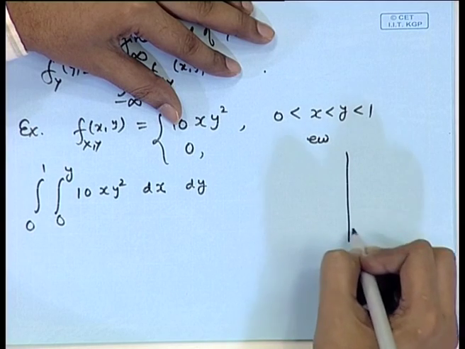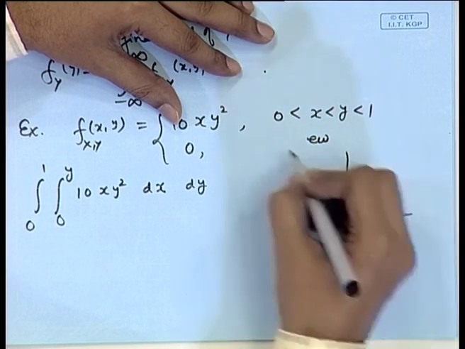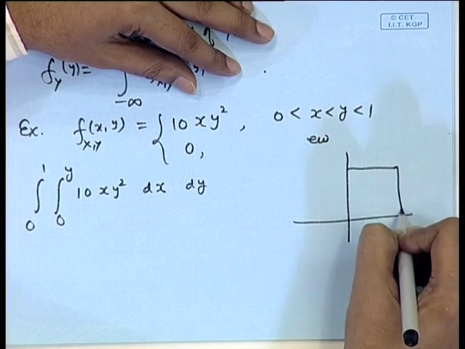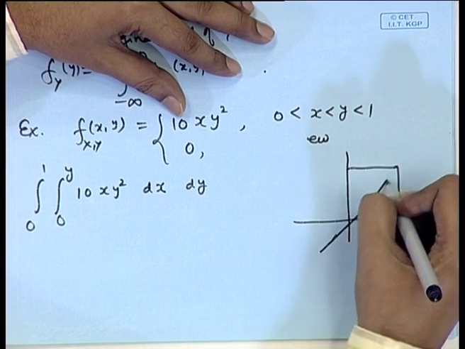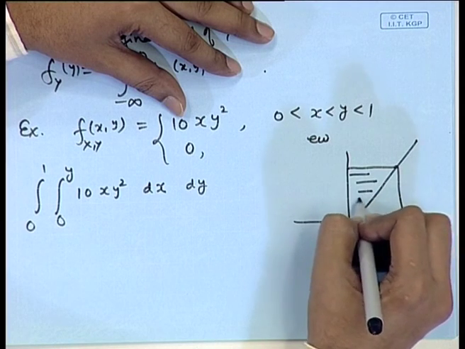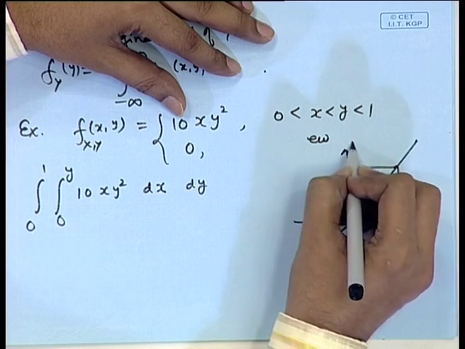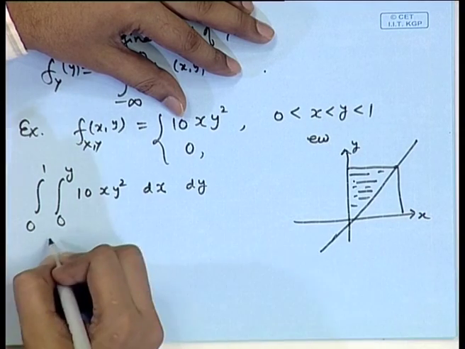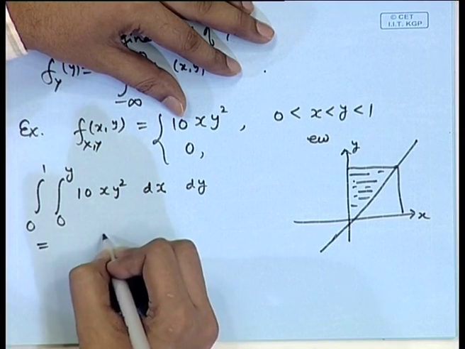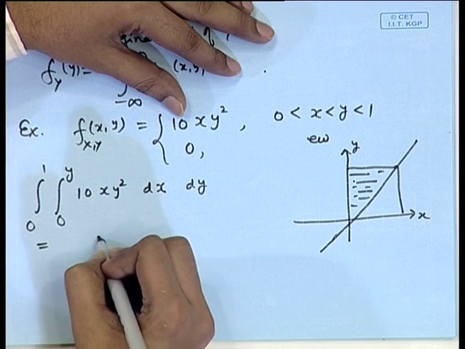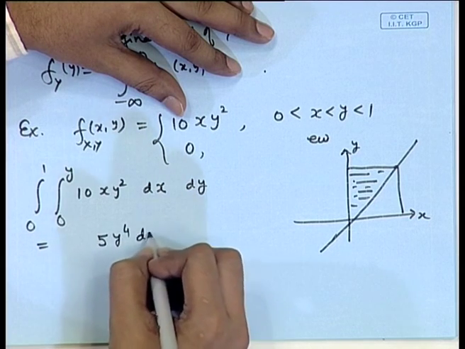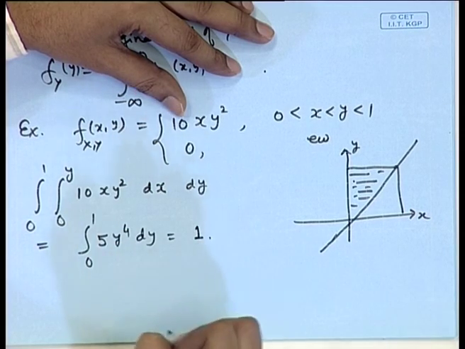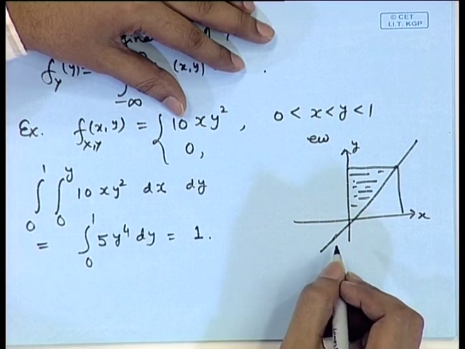Basically, the distribution is defined over the half side, that is x less than y. If this is the x axis, this is the y axis, we are on this side. You can easily see that this is the integral of 5 y to the power 4 dy, which is equal to 1. So, it is a valid probability density function.